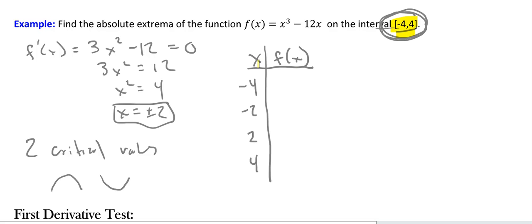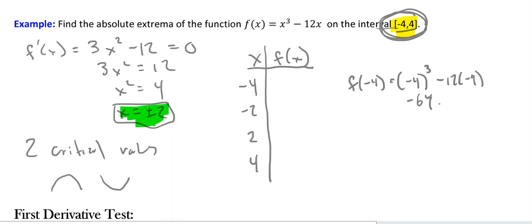Now let's evaluate each one of these in the function. f of negative 4 is going to be negative 4 cubed minus 12 times negative 4. Negative 4 cubed is negative 64, and negative 12 times negative 4 is a positive 48.